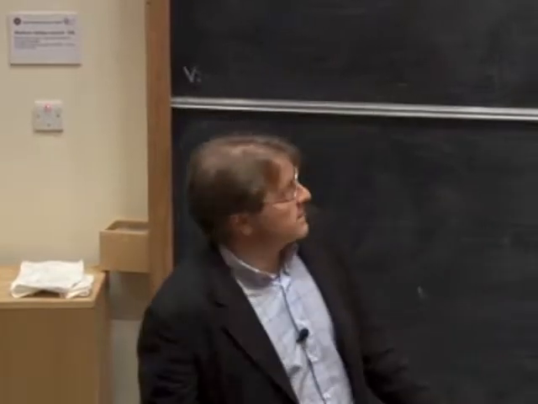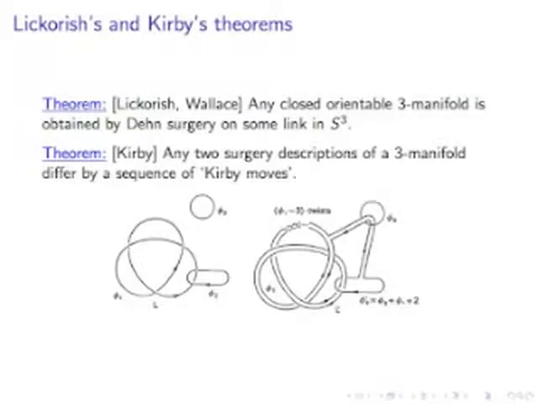And again, to some extent the answer to that is known. So there's a theorem of Kirby that says that any two surgery descriptions of a three-manifold differ by a sequence of what are now called Kirby moves. So this is a picture plundered from his paper.